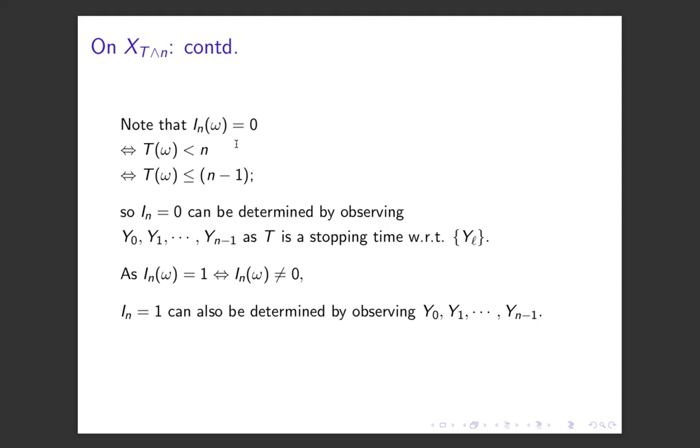So for a particular omega, I_n(omega) equal to 0 can be determined by observing Y_0(omega), Y_1(omega), up to Y_{n-1}(omega), as T is a stopping time. And since I_n(omega) equal to 1 is equivalent to I_n(omega) not equal to 0, this also can be determined by observing up to n minus 1.